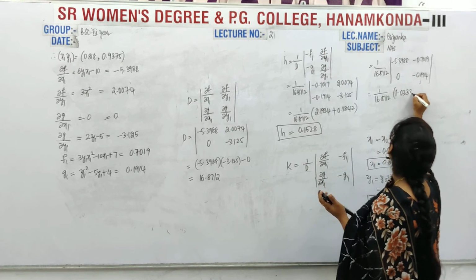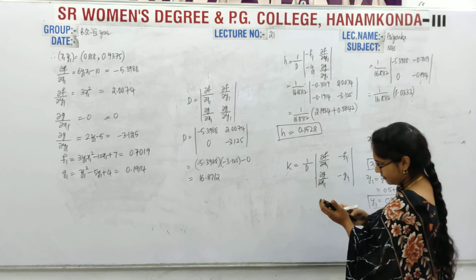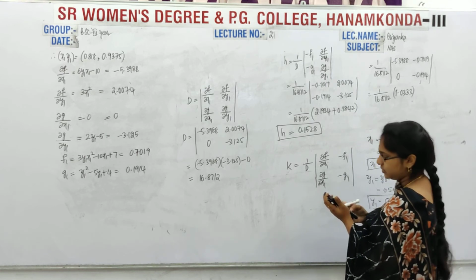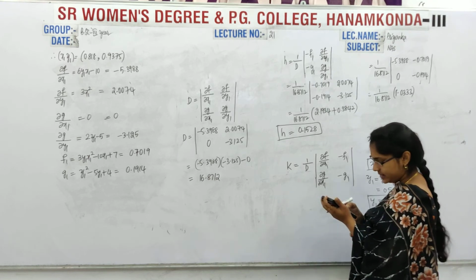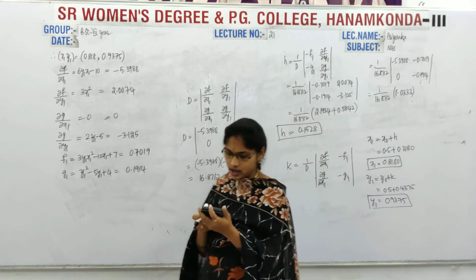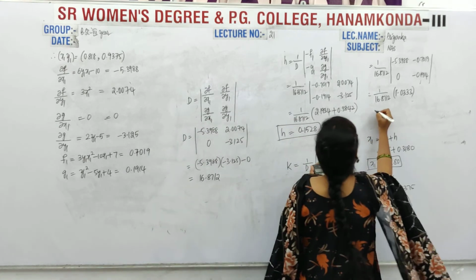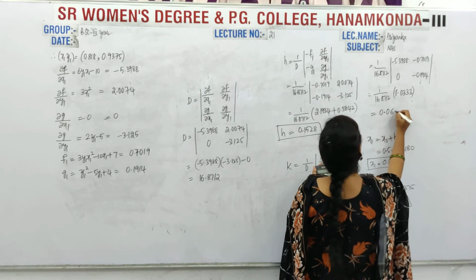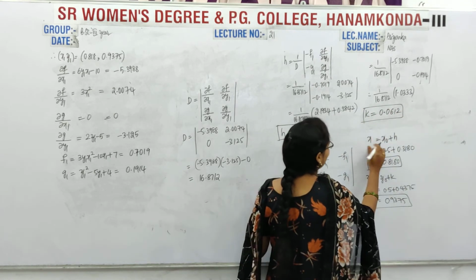Of course, 1.0333 we are getting, so 1.033. Now 1.033 divided by 16.8712. Now what will be the answer? 0.06124. So it is 0.0612. This is K.